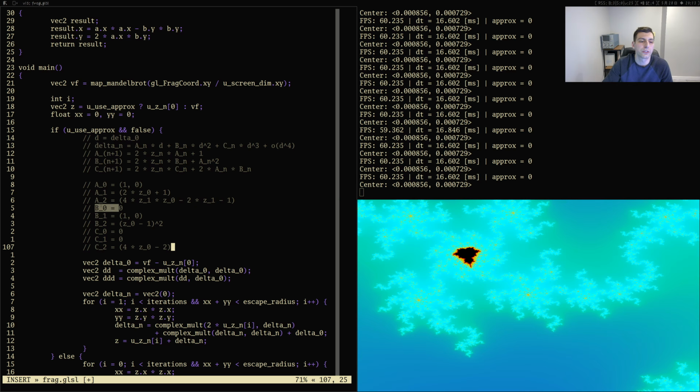And then same for b. So we want to find b1. So n is 0. B of 0 is 0, that goes away, and a of 0 is just 1. So that makes sense. Yeah, I think this seems to be making sense to me, and that would all make sense.